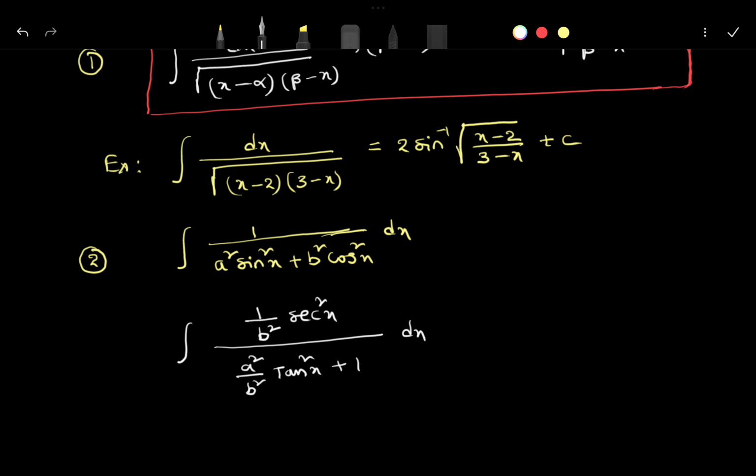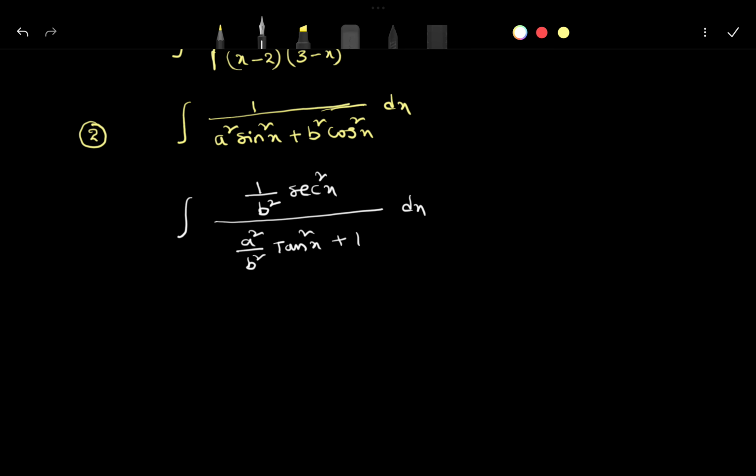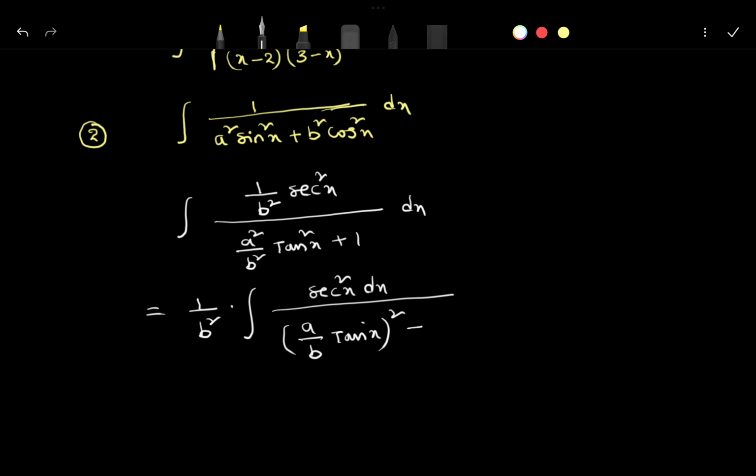Now you see after this one, so here this one you can write that 1 by b square into integration of secant square x into dx whole divided by a by b into tan x whole square plus 1 into dx.